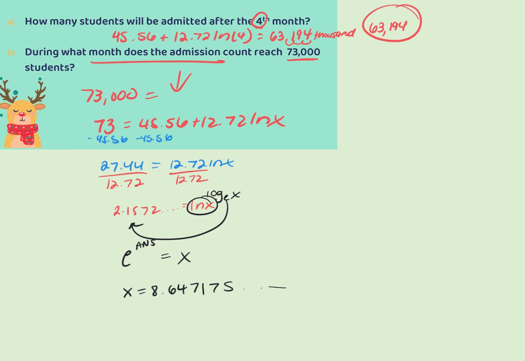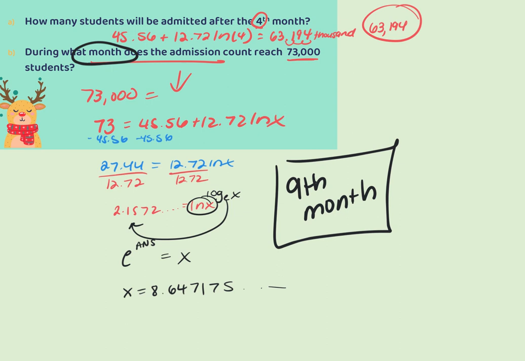No. But it says during what month? It can't be 8.6, right? So what month does it hit 73,000? At 8, it's under 73,000, right? Which means 9. So no matter what the rounding is, it has to be after that if it's a whole number.